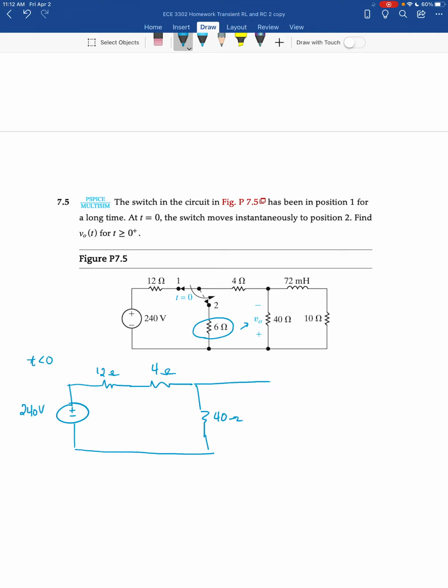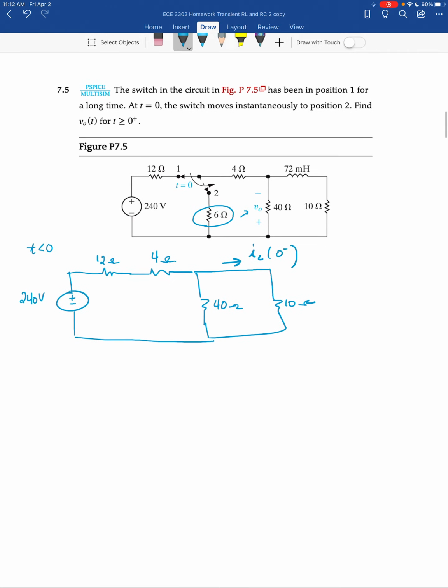Here's 40 ohms, and the inductor here is a short. Here's 10 ohms. And we'll go ahead and define this as being the inductor current at 0 minus. Okay, doing a little bit of manipulation, we'll combine these two in series to get 16 ohms. You should probably resketch the circuit if you're going to do that.